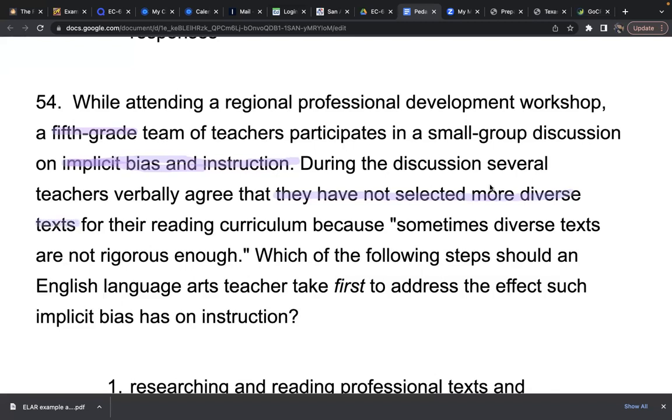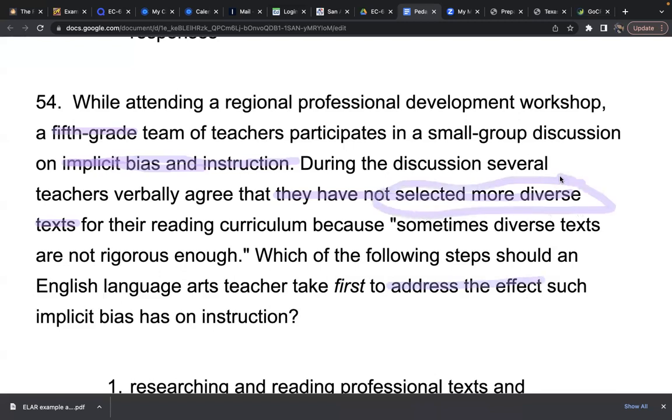Regardless of why, this is a problem, because it is part of our job to make sure that we are selecting texts that are culturally relevant, certainly to the student population that we have, but also bringing in other culturally diverse texts.